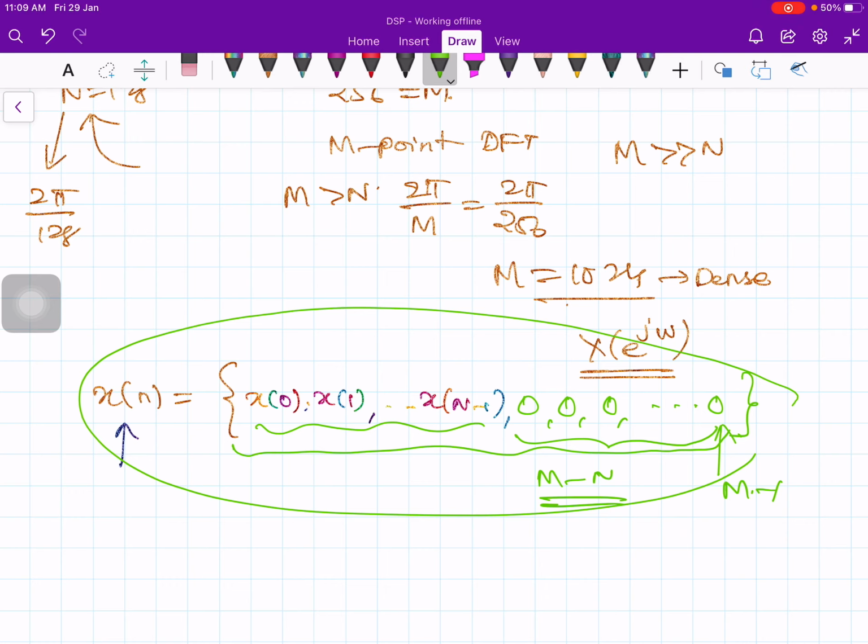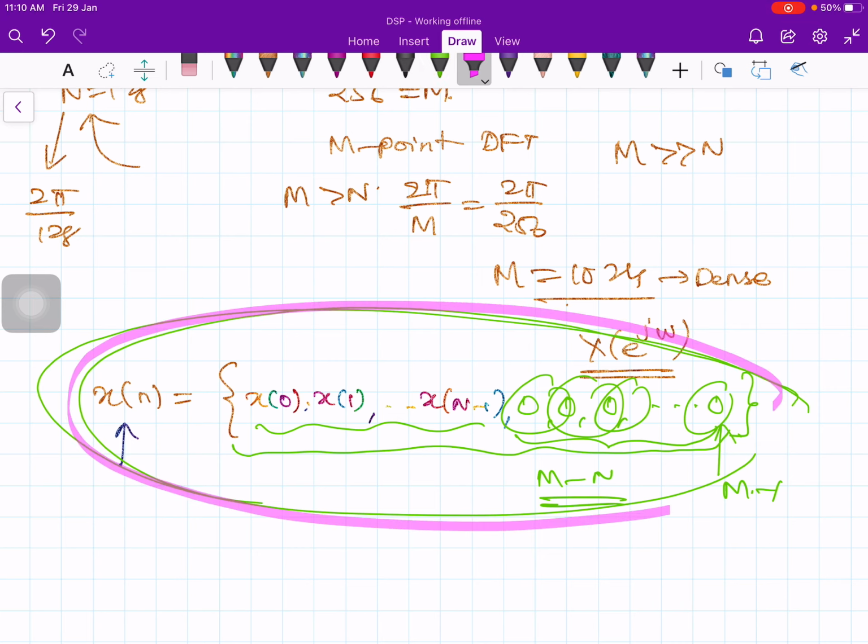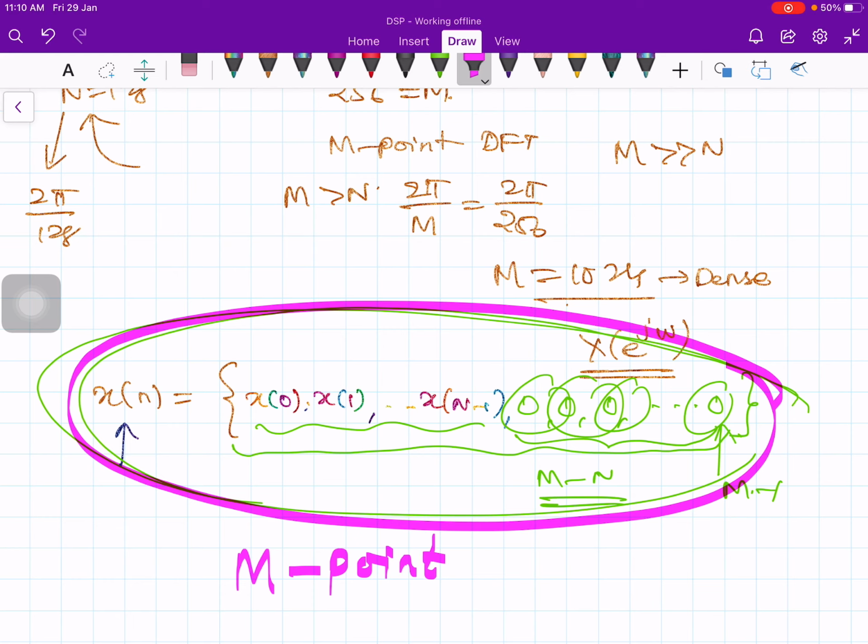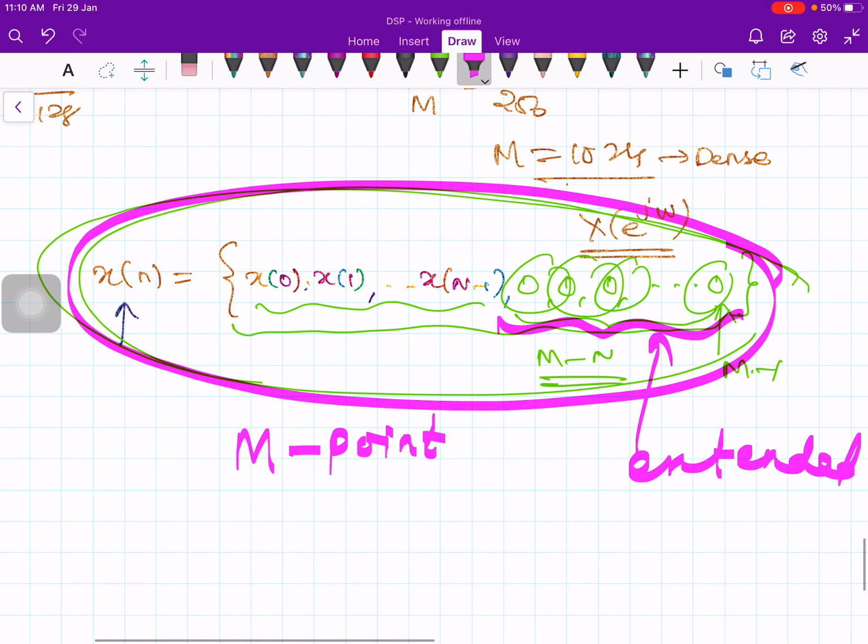You have padded a sufficient number of zeros, and it also simplifies the computation, because zeros multiplied by anything is 0. So if you compute the M point DFT of this extended sequence, then you will get samples at intervals of, instead of 2 pi by N, 2 pi by M. So this is an alternate method for doing this.